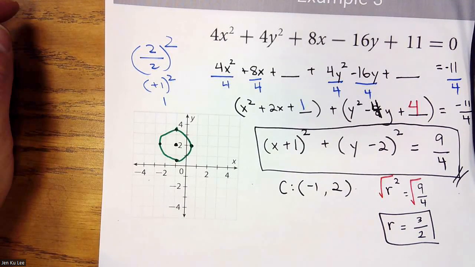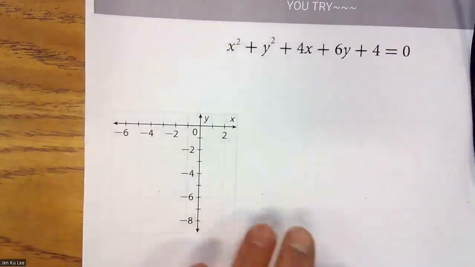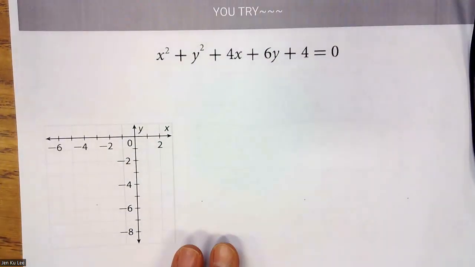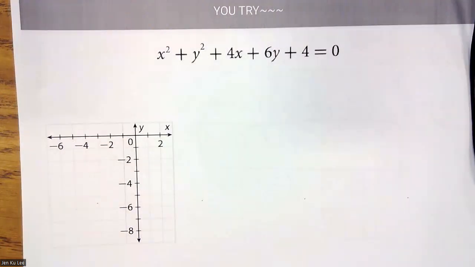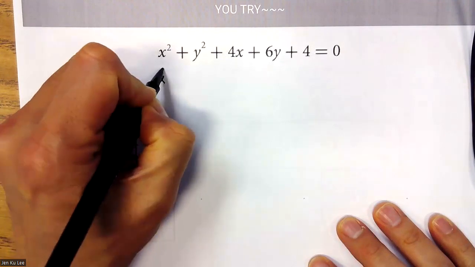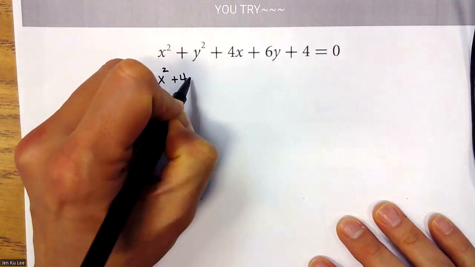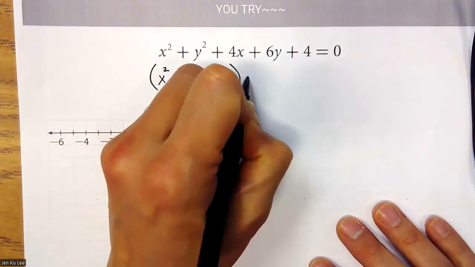So what I want you to do now is you guys try this one and then we'll be done. Okay. So here we have, I'm going to gather up the x's, and just put a blank there because I know I'm going to complete the square.